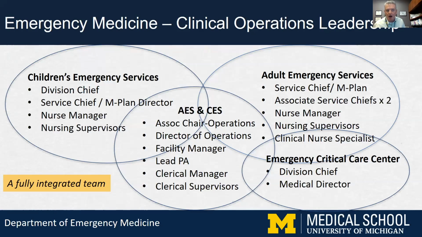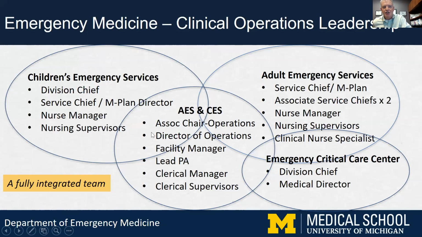So as we think about our emergency room operations, I showed you Jennifer as our director of operations. That reports to me. And then reporting to her, we have each of these different divisions within that. So the adult and children's operations has an associate chair for operations, Jennifer as the director, and then like a facility manager, a lead PA, and then the manager of the clerical group.